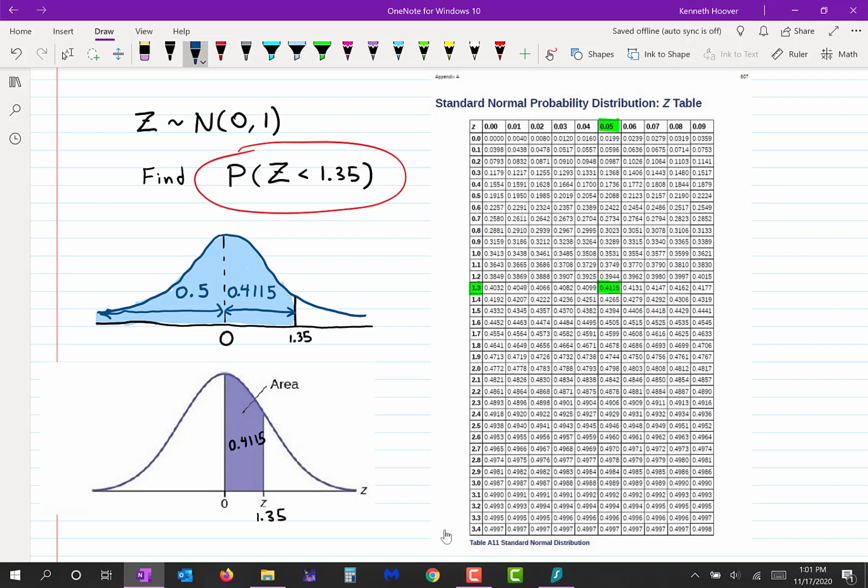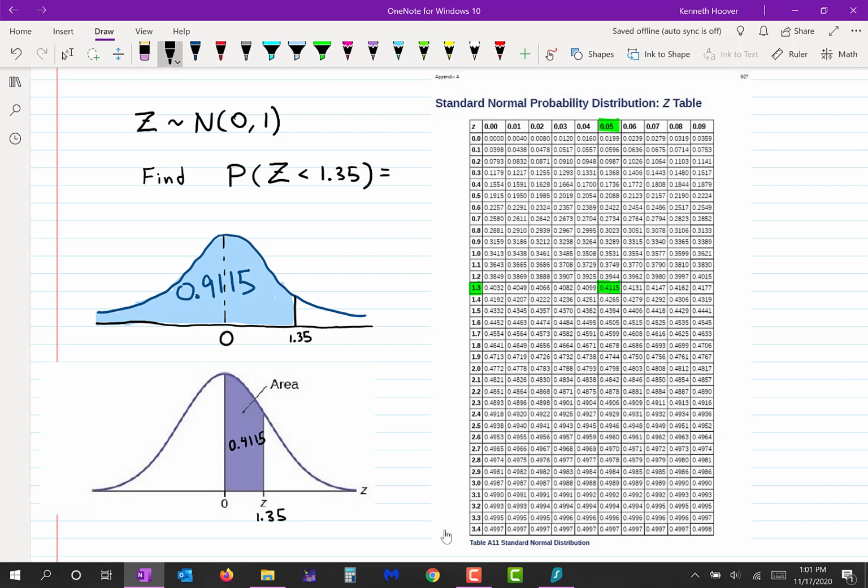The total blue shaded area must be 0.9115. And that's the answer to our question.